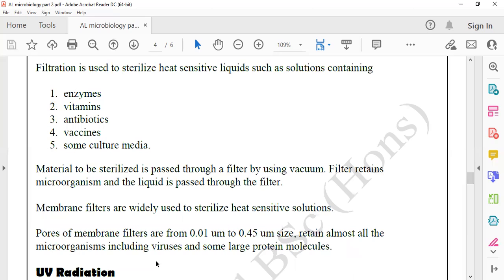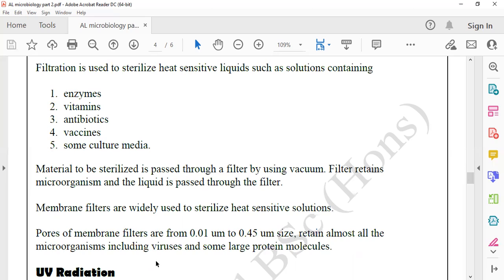Your book says in the filters there are various sizes. 0.01 micrometer, 0.01 into 1000, if you multiply, it will be 10 nanometer, correct?